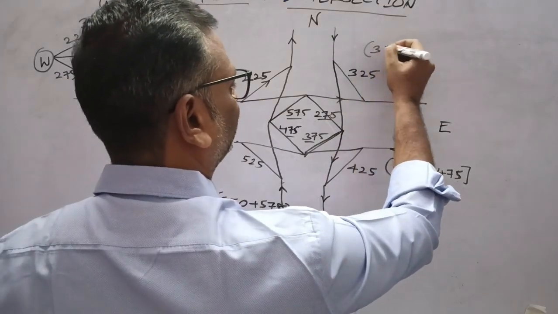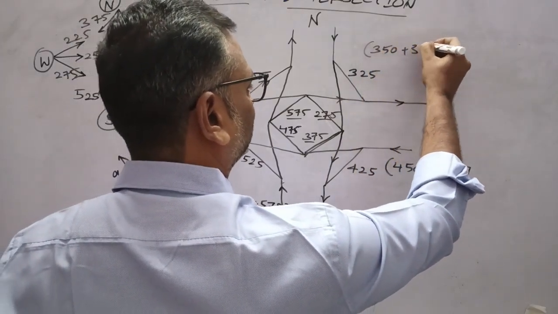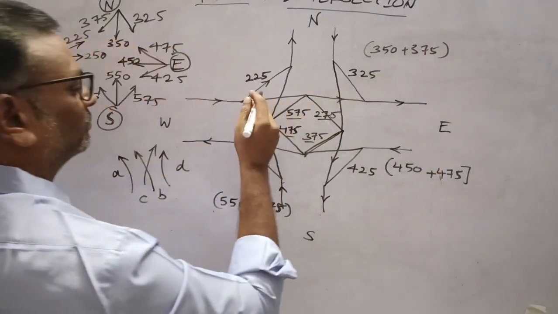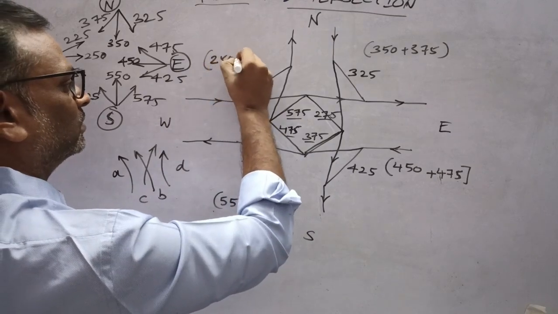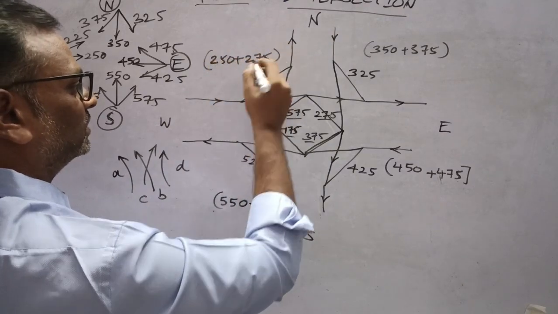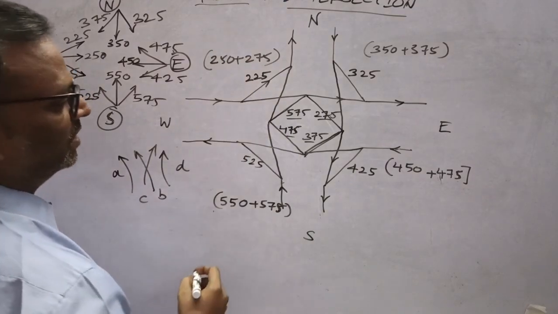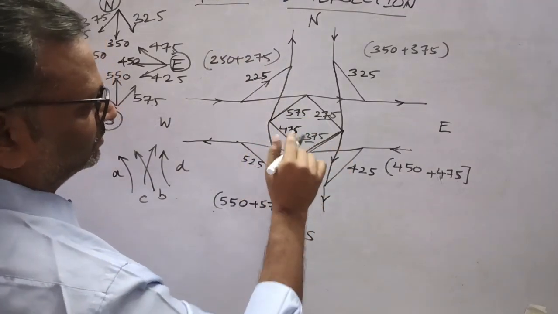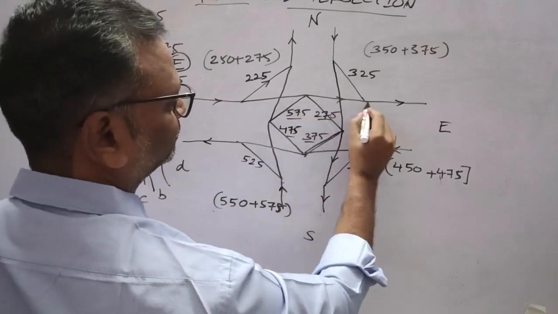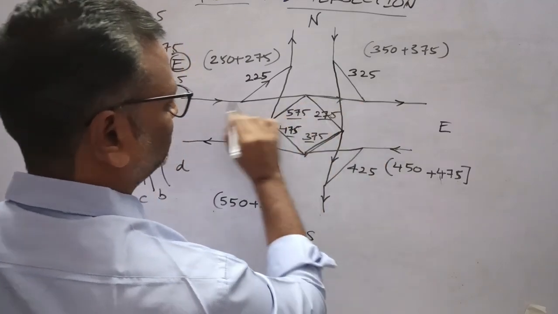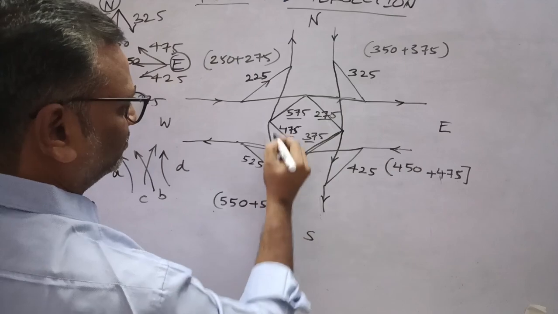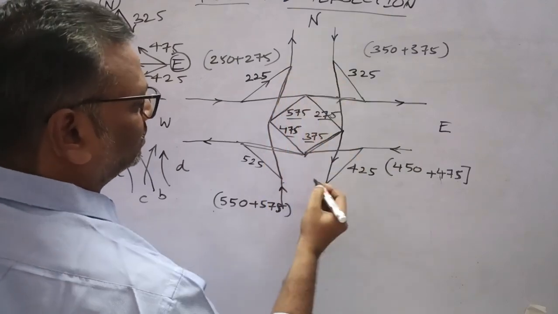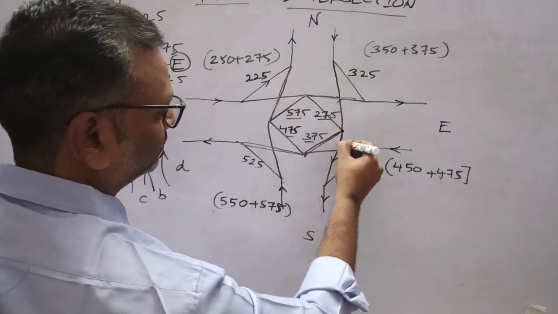Here diverging traffic 350 and 375. Similarly here 250 and 275 is the diverging traffic. And now merging traffic, whatever it's here, for this approach it's here, for this approach it's here, for this approach it's here, and similarly here.